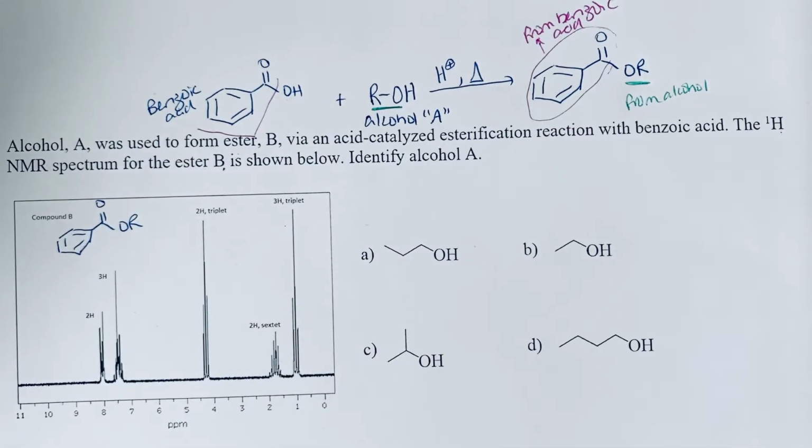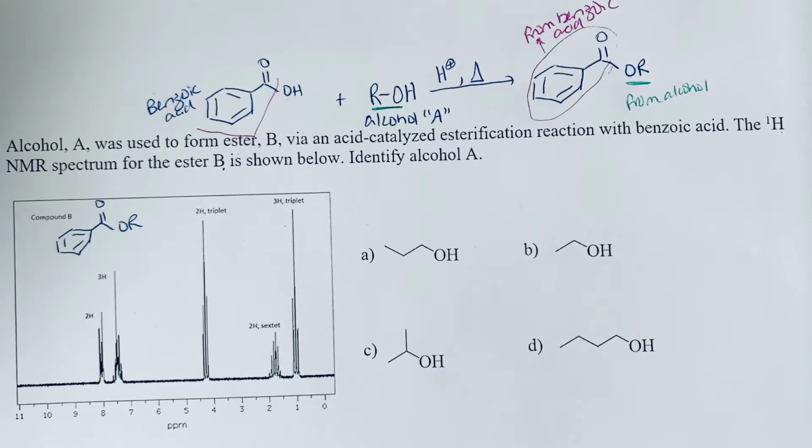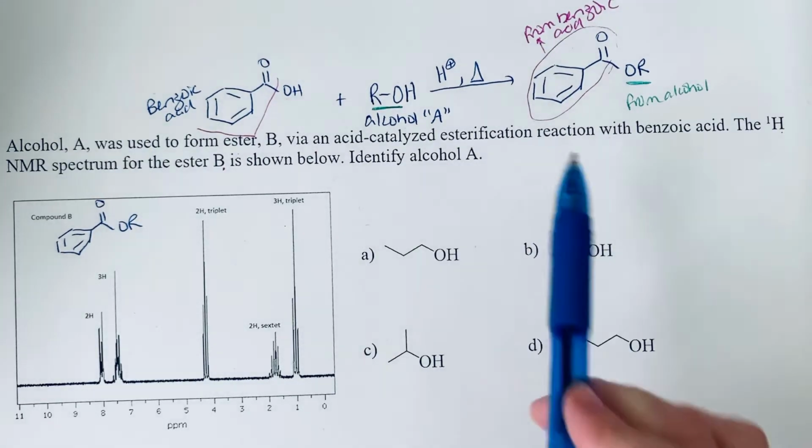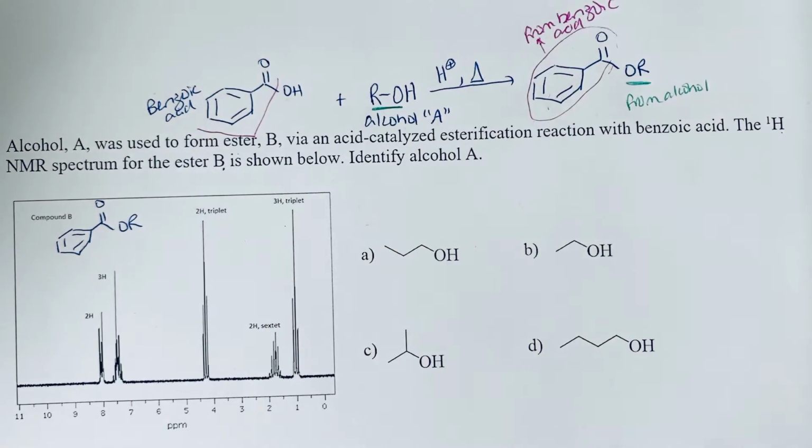Since it is a benzoate, we should be able to easily pick out the protons associated with that benzene ring. We know those are coming from the benzoic acid, and the remaining signals are going to be coming from the hydrogens of the alcohol, because it's proton NMR.